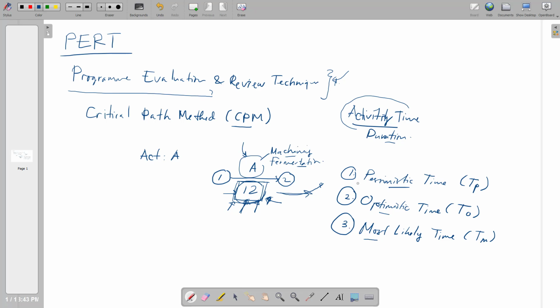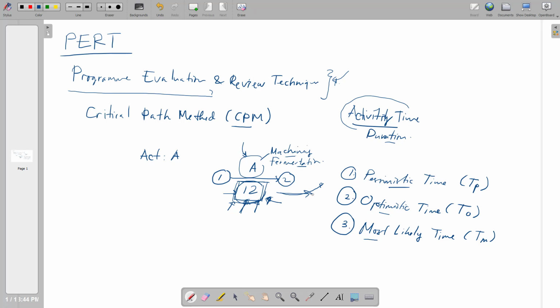The first one is the pessimistic time, assuming that our activity, not the project itself, that specific activity, will have a problem, and then it might be just a little bit late or probably literally late, maximum late, the one that can be predicted.